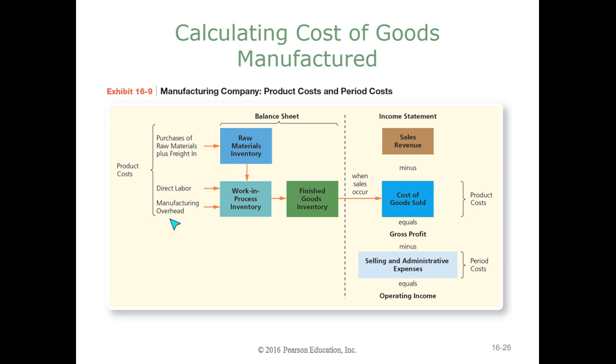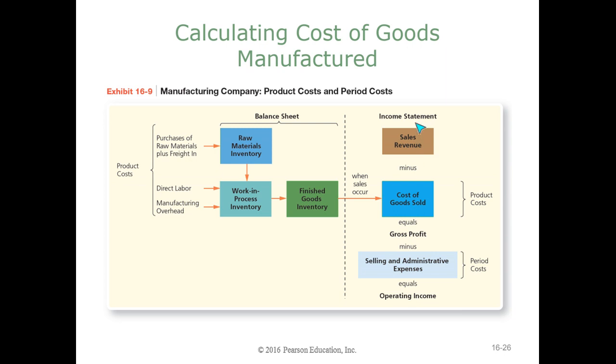Our direct labor and our manufacturing overhead flow into our work in process inventory account. Once that work has been completed and the product is ready for sale, it moves to our finished goods inventory account. When we sell it, it moves out of finished goods and into cost of goods sold.